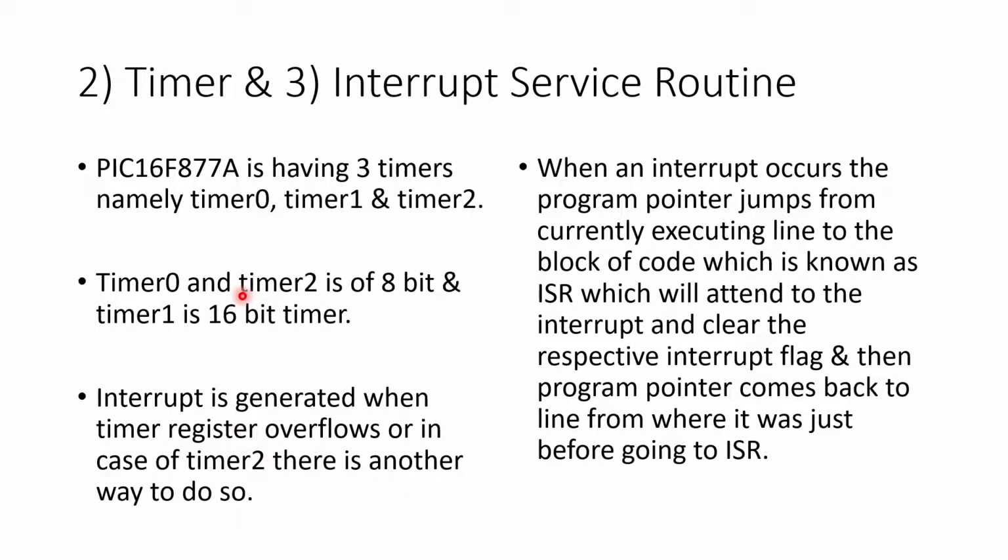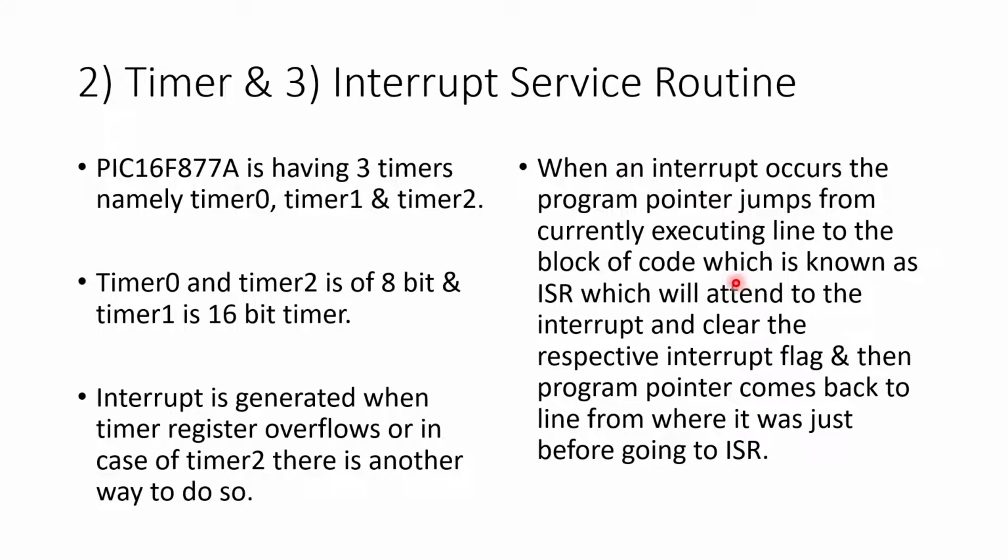There is another method with timer 2, where the PR2 register's value matches the timer 2 register's value. In that case, it generates an interrupt, which makes our calculation easier for counting time or measuring the seconds passed.